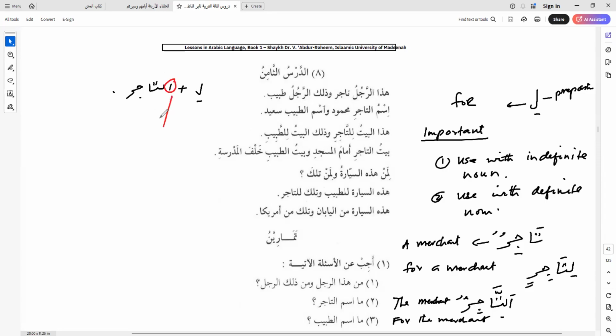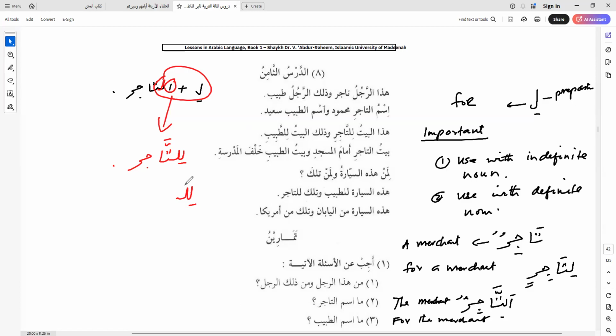So in the end, you're going to write li, something like that. Litajiri. You see how it's written? We drop this, and then we keep this lam here, and then we add these two together.